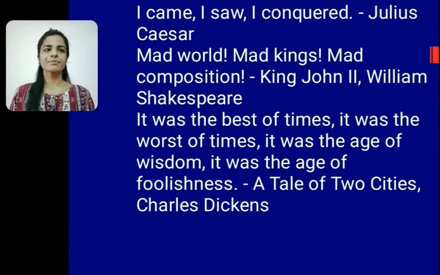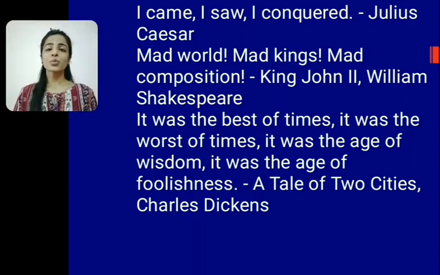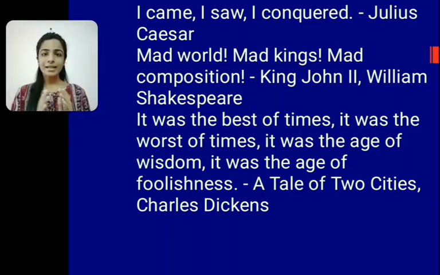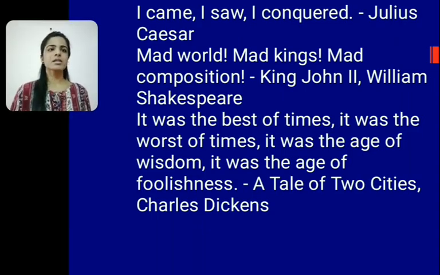Next, it was the best of times, it was the worst of times, it was the age of wisdom, it was the age of foolishness. In this sentence there are so many words which are repeated. It was the best, it was the worst, it was the.